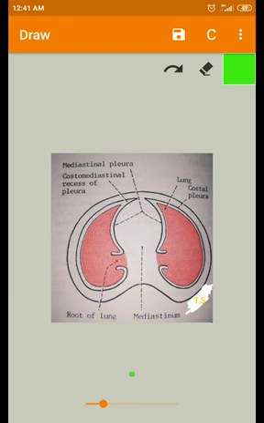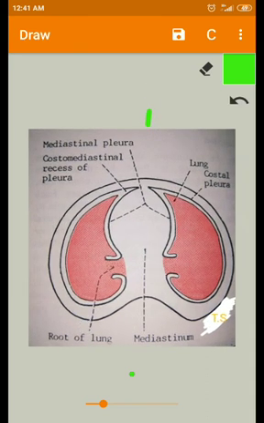It is usually done in the sixth intercostal space in the midaxillary line. The needle is passed through the lower part of the space. As we know, in the intercostal spaces, between two ribs, at the upper part we have the vascular bundle, vein, artery and nerve.